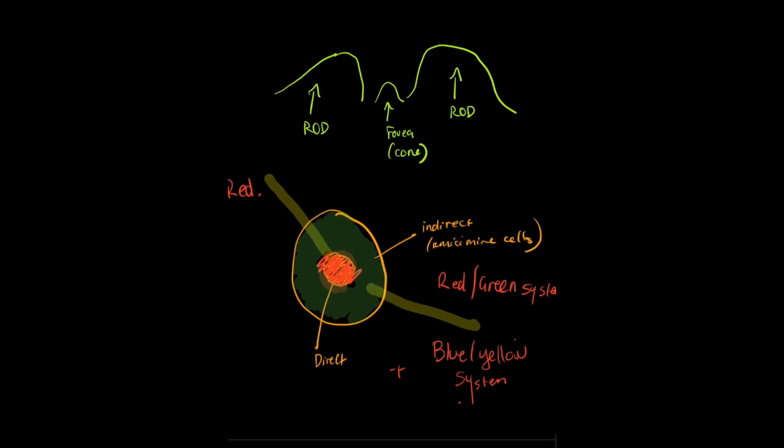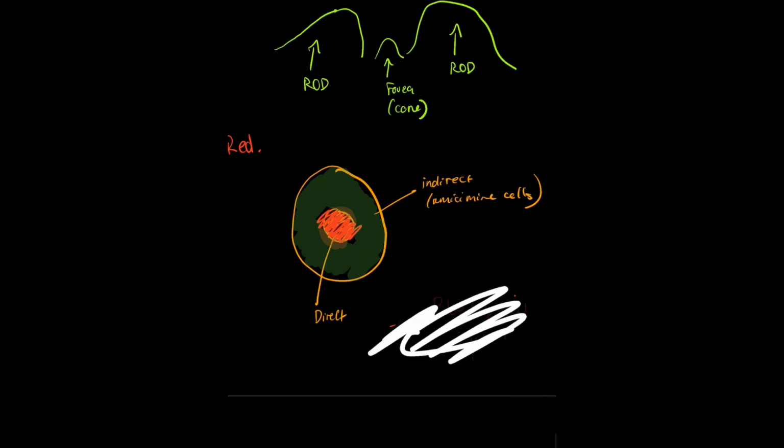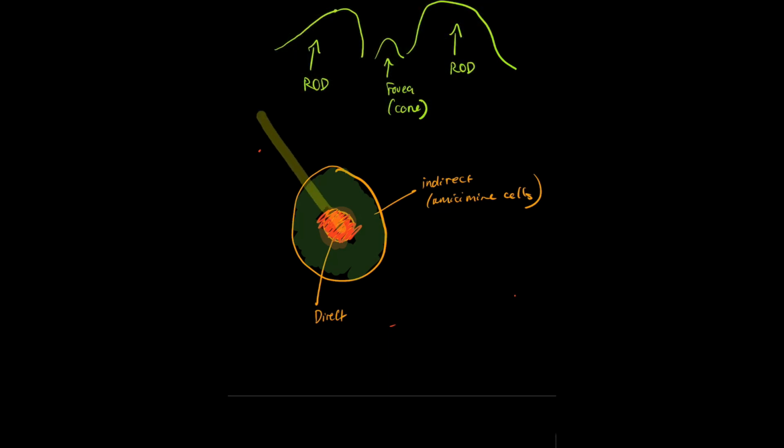But then there's also this idea of indirect and direct pathways. And a lot of the time, these processes are excitatory or inhibitory. So let's say we have a bit of light, and that light shone on the middle. That might be excitatory, meaning that it maybe hyperpolarizes a cell and it increases the chance of an action potential happening.